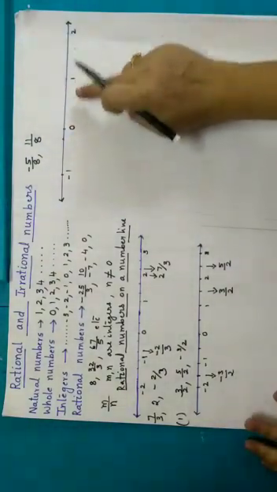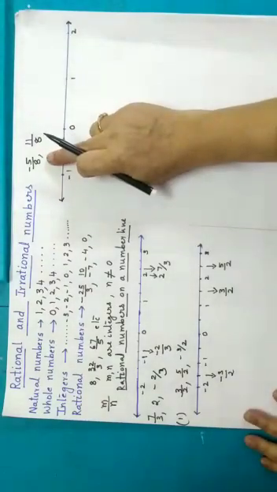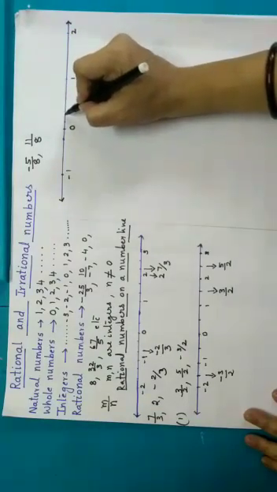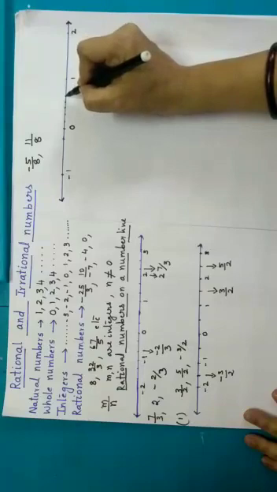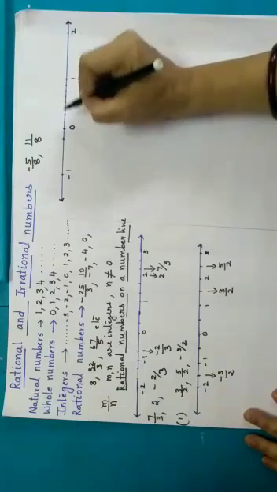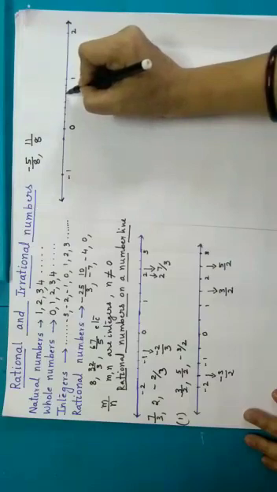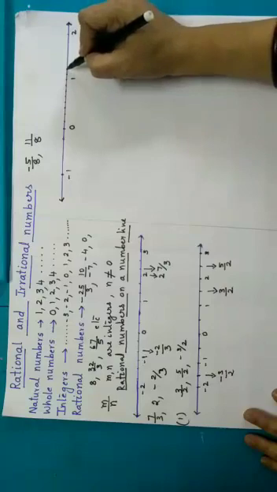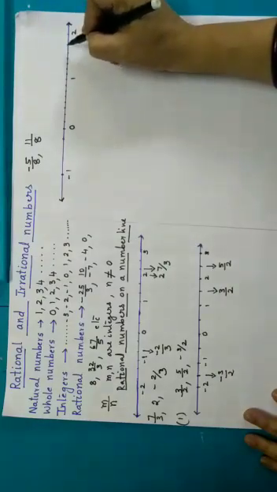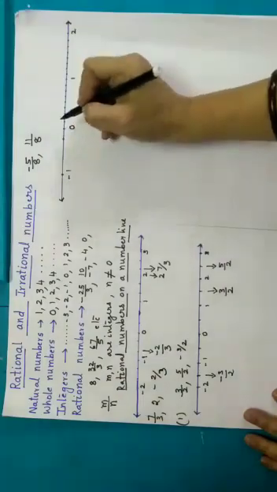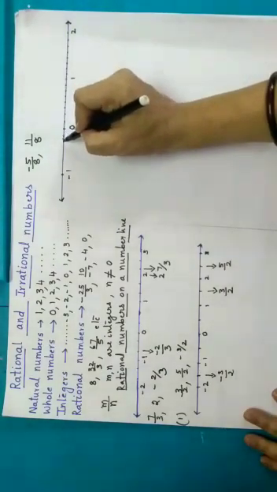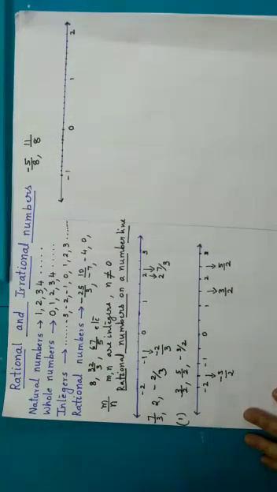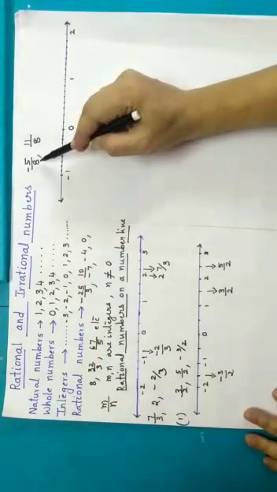So each unit will be divided into 8 parts here. 1, 2, 3, 4, 5, 6, 7, 8 parts. Similarly, between 1 to 2, 8 parts. Okay, minus 5 by 8.